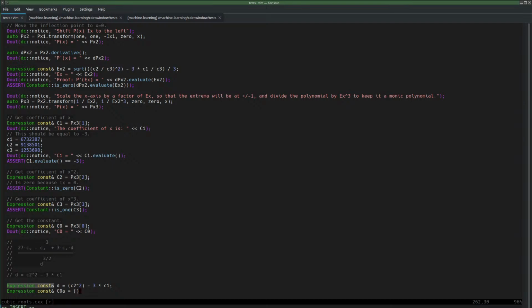So that is then something divided by something, where this something is D to the power, and then we need a 3 divided by 2 constant.